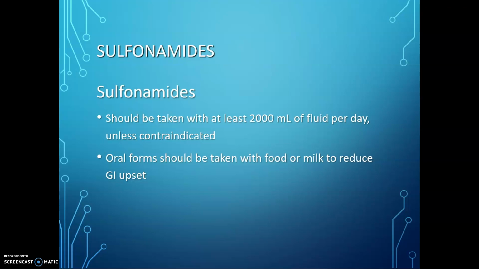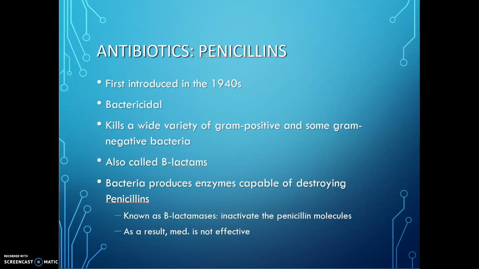And now we're going to move into our penicillins. Now, penicillins were first discovered in the 1940s, and this was actually kind of the introduction of understanding that we can kill off microbes with other microbes, right?